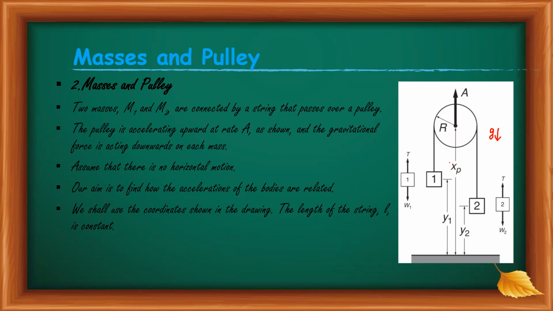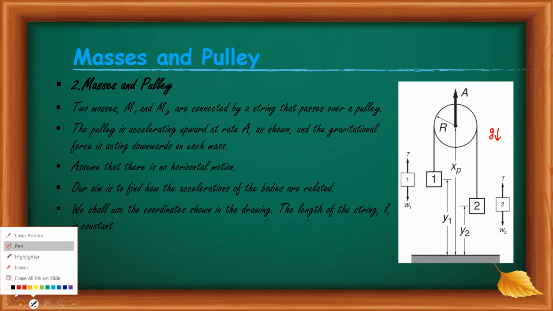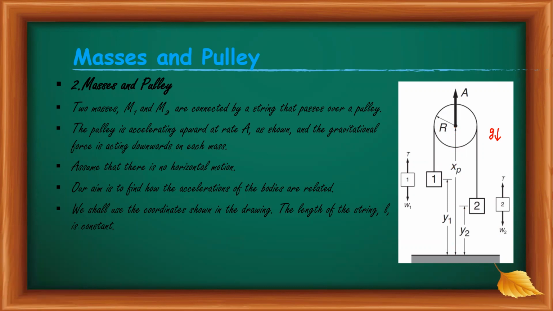Let it be yp. Then yp is the vertical distance to the center of the pulley, y1 is the height to the first mass, and y2 is the height to the second mass.